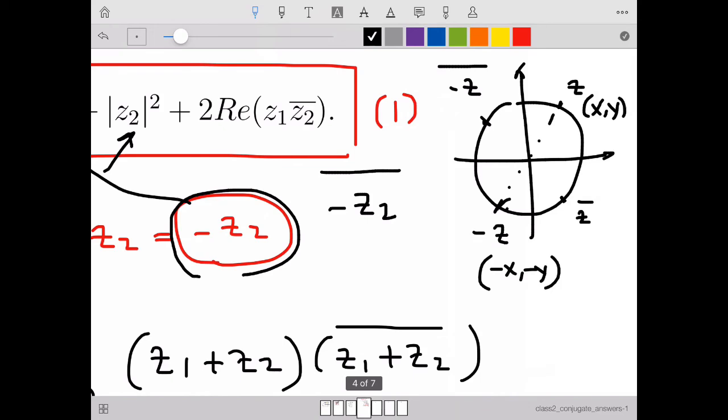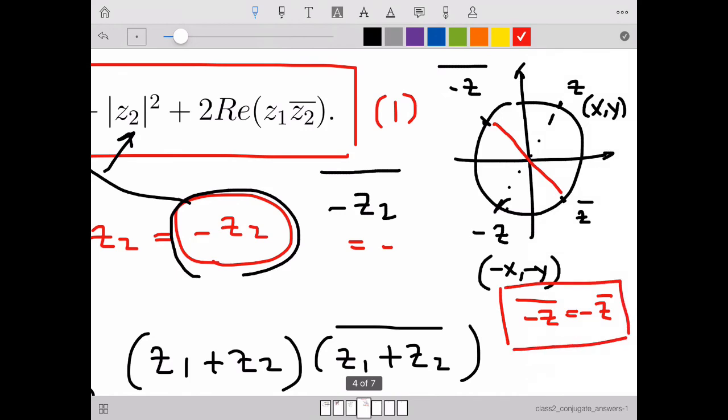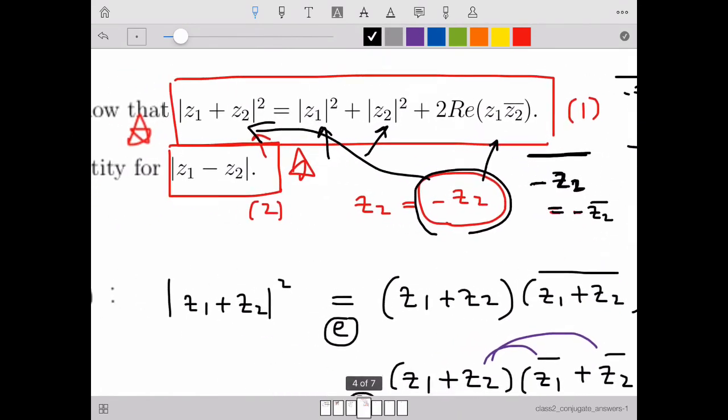Then this is minus Z bar. So minus Z bar is pi rotation of Z bar. So the conjugate of minus Z2 will be equal to minus of Z2 conjugate.